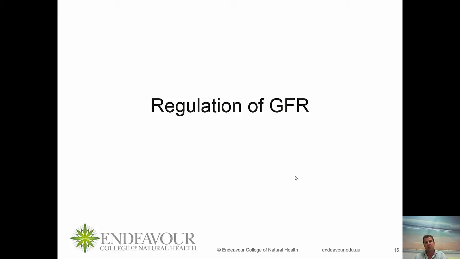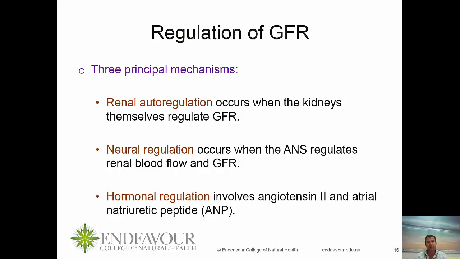But there's the nervous system and the hormones that can override all that when we're worried about maintaining blood volume and blood pressure. Then all bets are off and we don't worry about GFR, we worry about blood pressure. So let's go through those concepts there. We've got 3 principal mechanisms which we'll deal with.